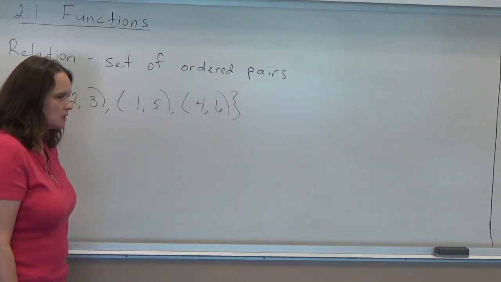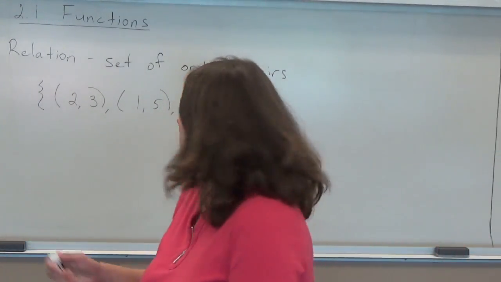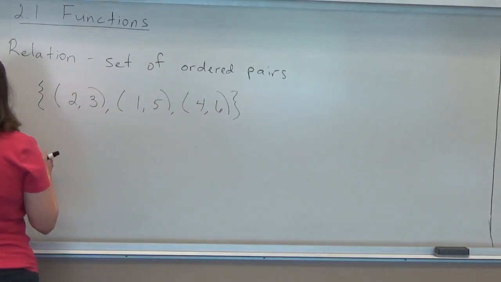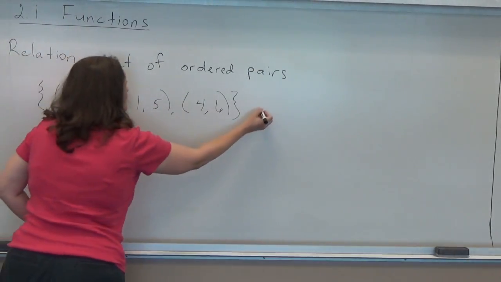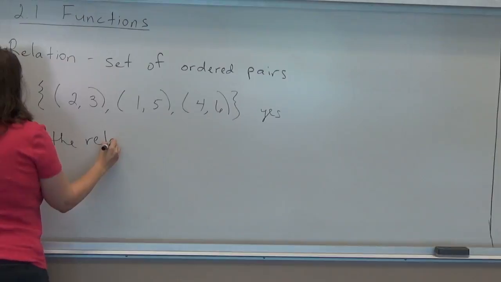All right, let's look at another example. So we're going to try to determine if a relation is a function. So this one we said yes. All right, is the next relation a function?